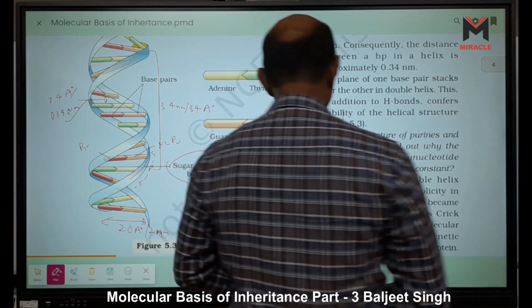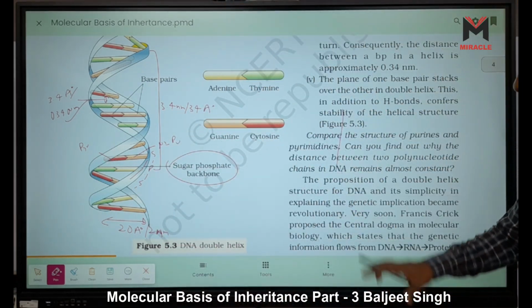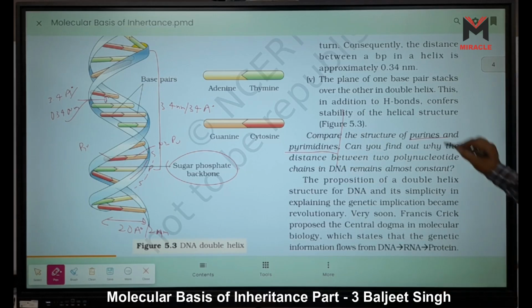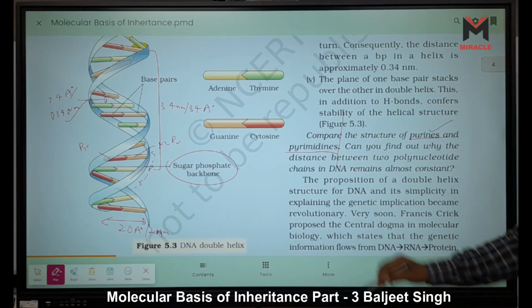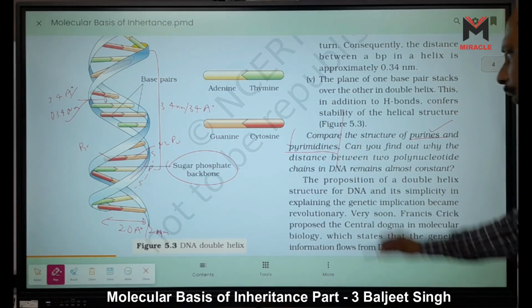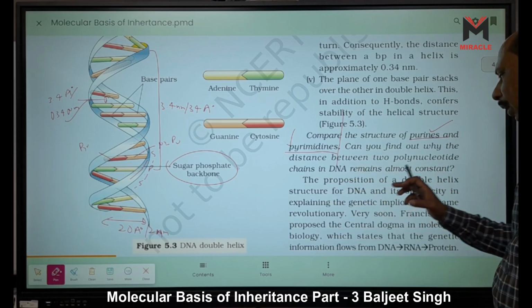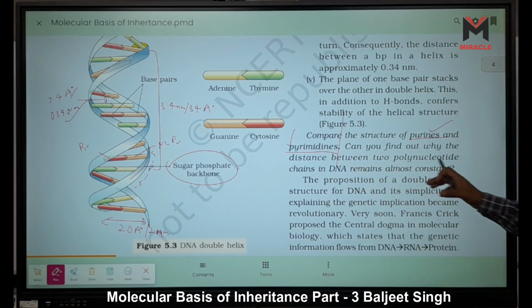Compare the structure of purine and pyrimidine. We already compared the structure of purine and pyrimidine. We know purine is a double cyclic structure, but pyrimidine is a single cyclic structure: hexagonal, whereas purine is hexagonal plus pentagonal, right? Can you find out why the distance between the two polynucleotide chains in DNA remains almost constant?